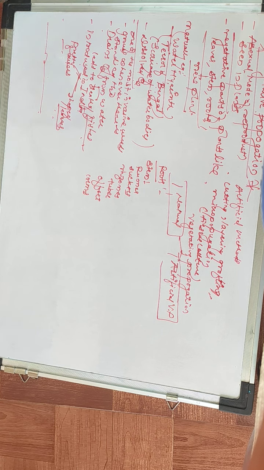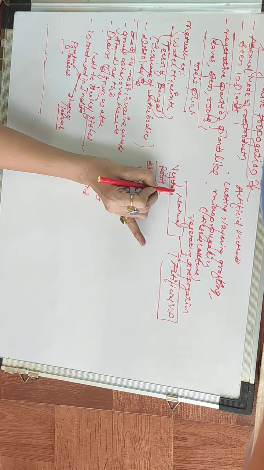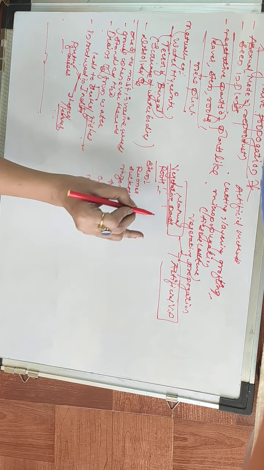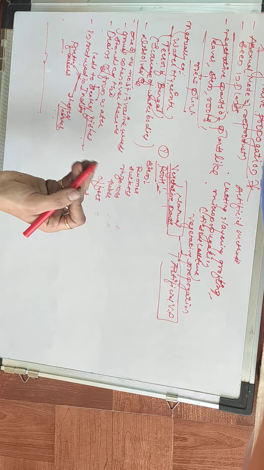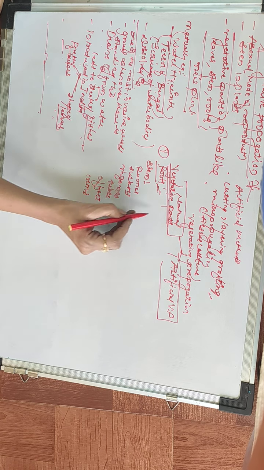So first we will see the roots. These are the vegetative parts, right? The first part is roots. For example, when we see the roots of a specific plant in the soil, from this root part they form a new plant. That is called natural vegetative propagation.